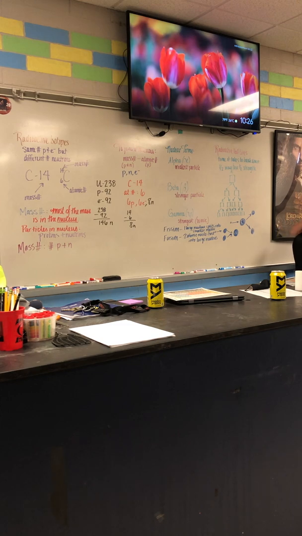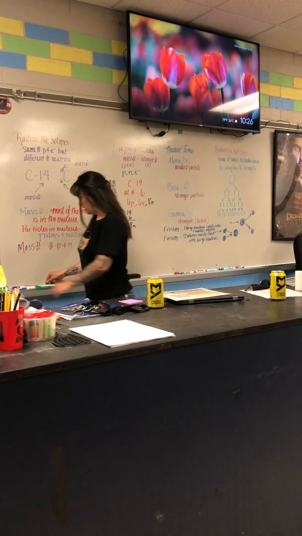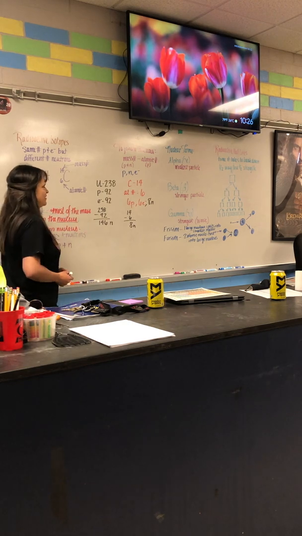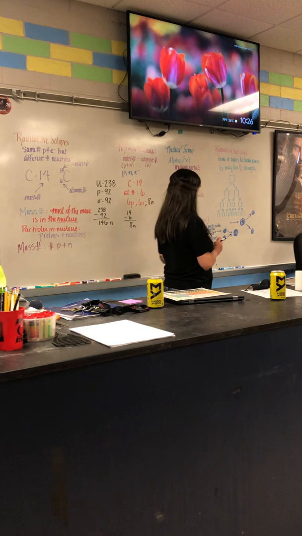Alright, so I told you I was going to talk a little bit about something I was going to relate to this. Oh, when I was talking about carbon-14, radioactive dating. So carbon-14 has a half-life of, I'm going to round it, like 5,700 years. Okay?